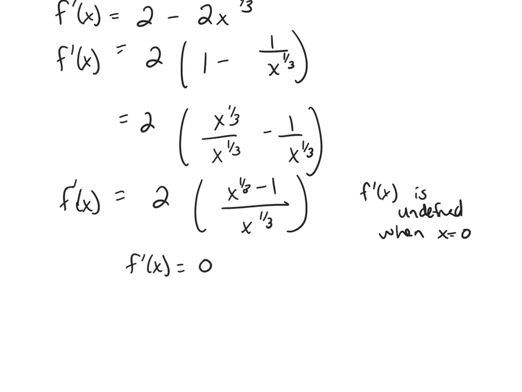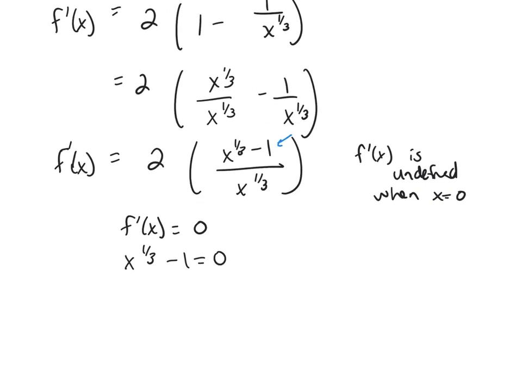Well, the only way the derivative is 0 is if the numerator is equal to 0. And I'm going to solve x to the 1/3 equals 1. And if you cube both sides, I get the critical number 1. So f prime of x equals 0 when x equals 1.